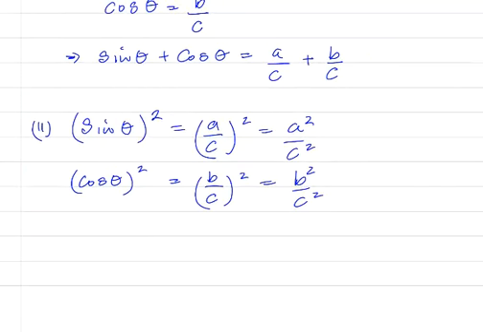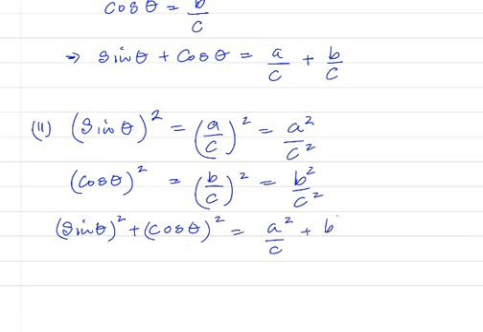Now, therefore, sine theta square plus cos theta square would be equal to A square over C square plus B square over C square, all right, and this would be equal to A square plus B square over C square.